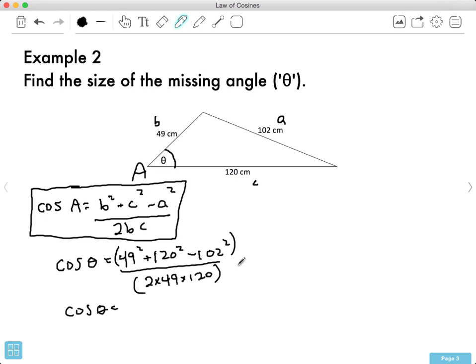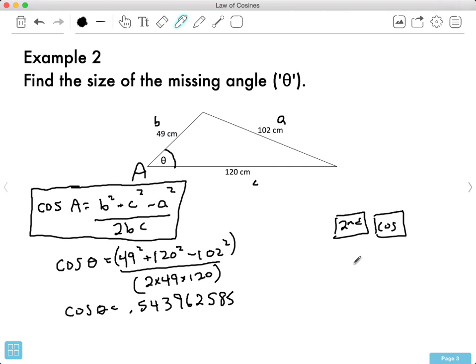And what I get from that calculation is 0.543962585. And we want to do second cos of this number, second or shift or whatever you press to get to the inverse cos feature on your calculator.